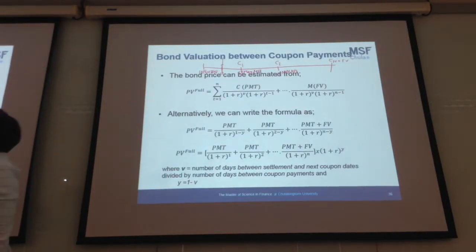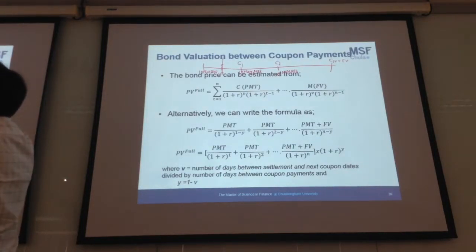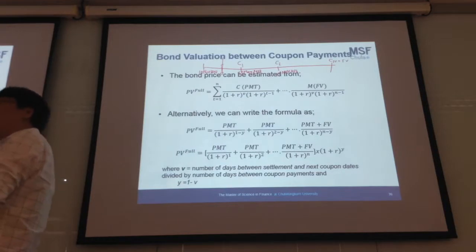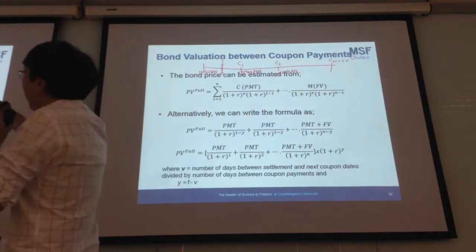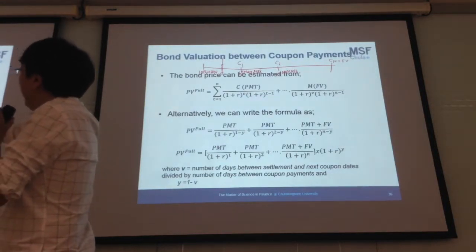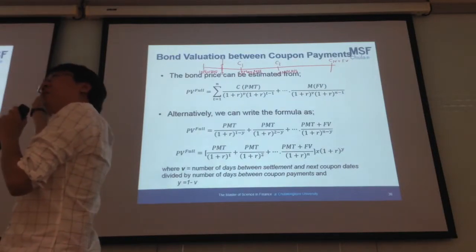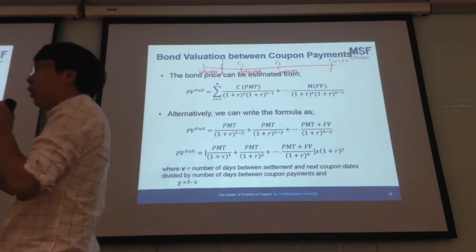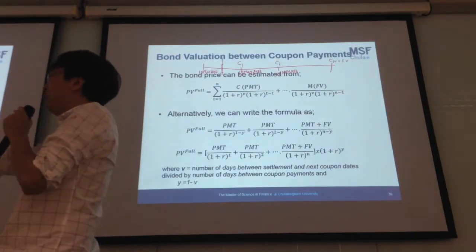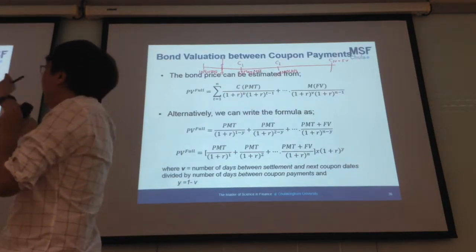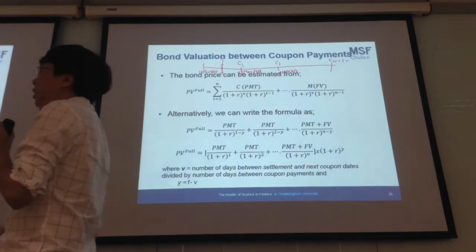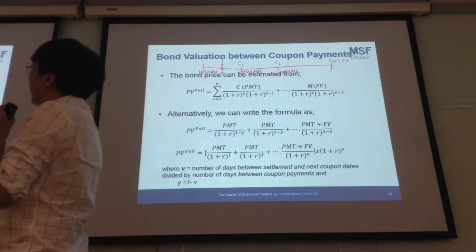We value the bond at time 0. Until maturity there will be n coupon payments. But at time 0, the first period is not equal to the other periods. From time 0 to C1, the first coupon payment, the period is not the same as the other periods. It's shorter.